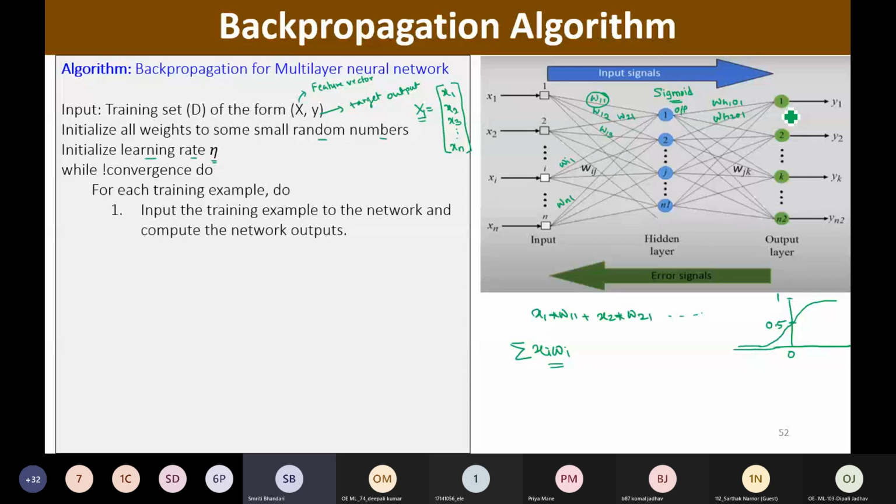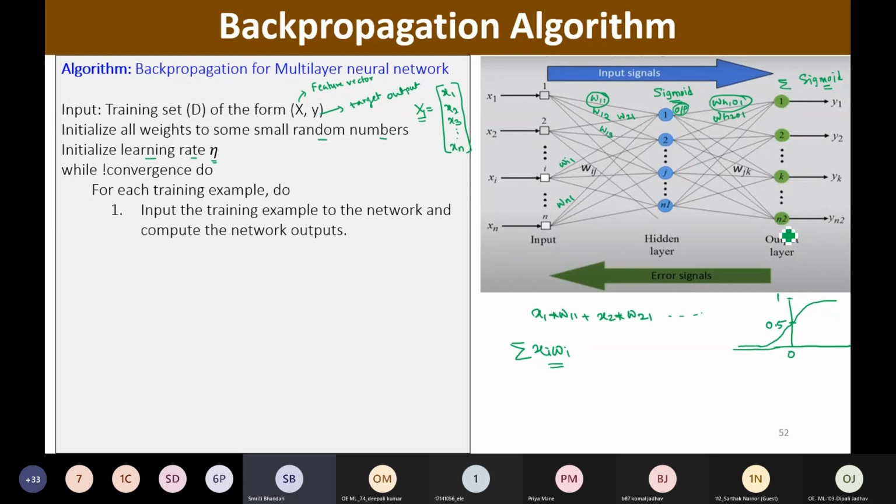Whatever this input is, it is multiplied by this weight. Once again, I'll be having the summation over here, this input and the associated weight. Once again, my activation function is the sigmoid function, which will produce some output at every output layer.